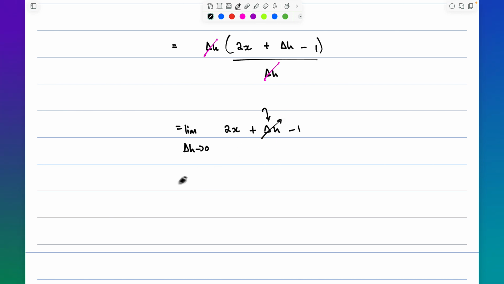So all we're left with is 2x minus 1. And that is your derivative from first principles.